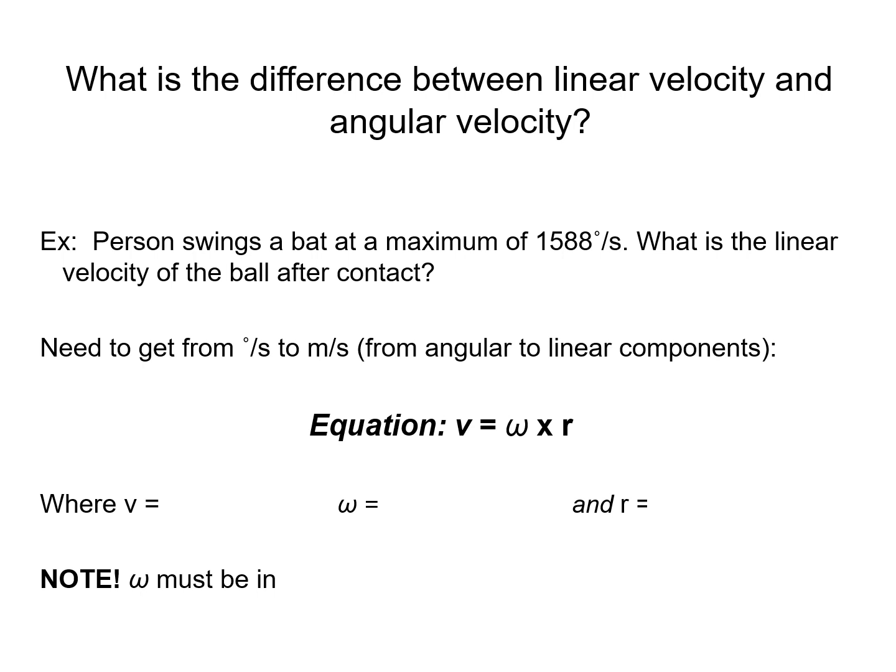We need to get from degrees per second to meters per second, so from angular to linear components, where v is the linear velocity, omega is the angular velocity, and r is the radius of the baseball bat swing. It's very important that you convert angular velocity from degrees per second to radians per second.